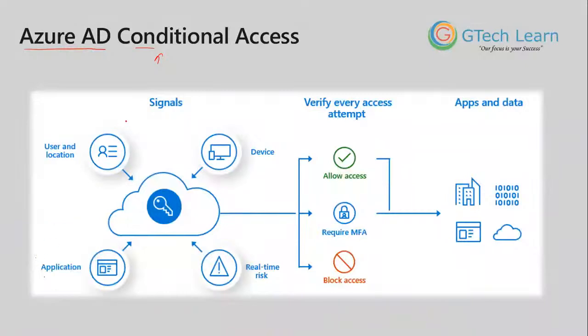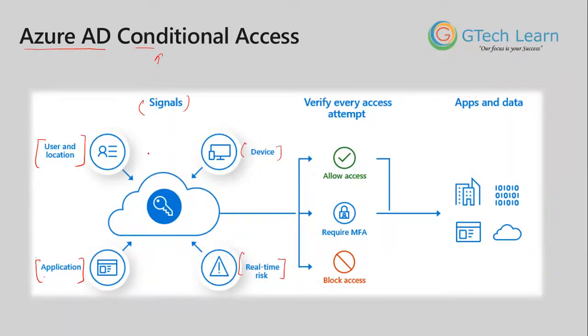Let me select the pen from here. When anyone tries to access applications and data hosted in our cloud environment, signals are generated from different users and different locations. Signals are also generated from different applications, devices, and real-time risk. So what do conditional access policies do?